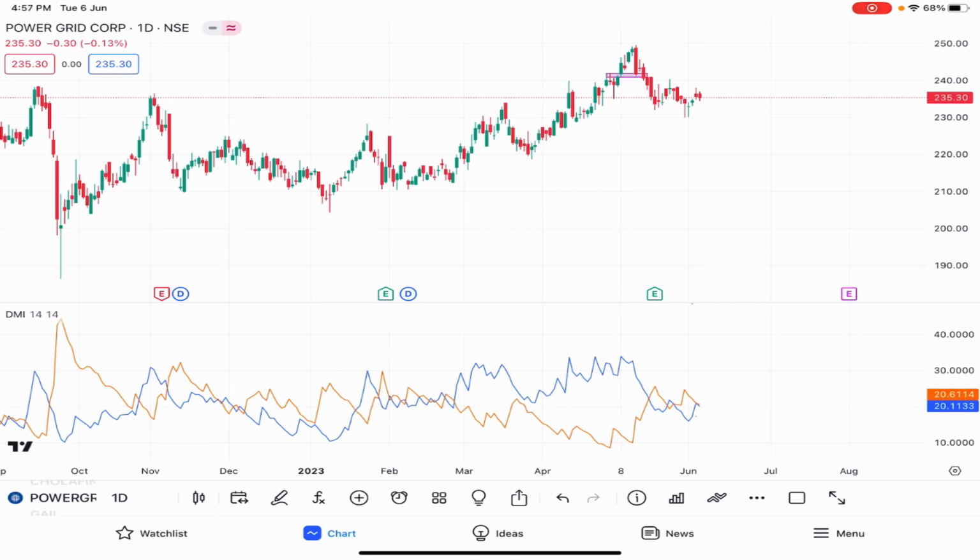We have already discussed the first point given in the book, which is that whichever DI is more than the other DI, the trend is in that direction. When plus DI is more than the minus DI, the trend is upwards. When the minus DI is more than my plus DI, then the downtrend is more prominent.